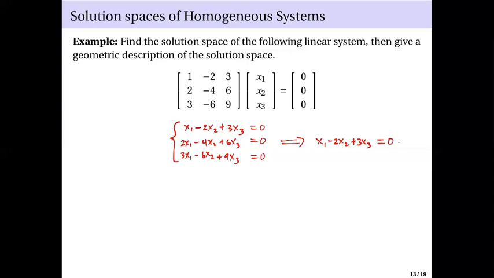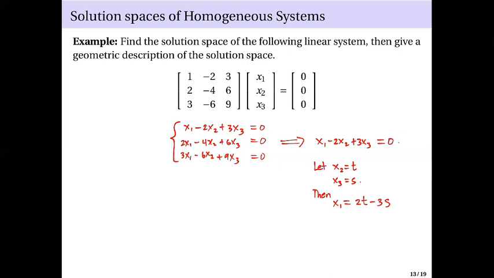So here we can let x2 equals t, x3 equals s, then x1 equals 2t minus 3s, right?